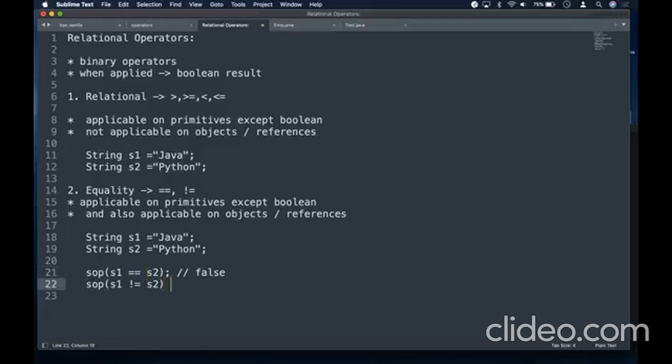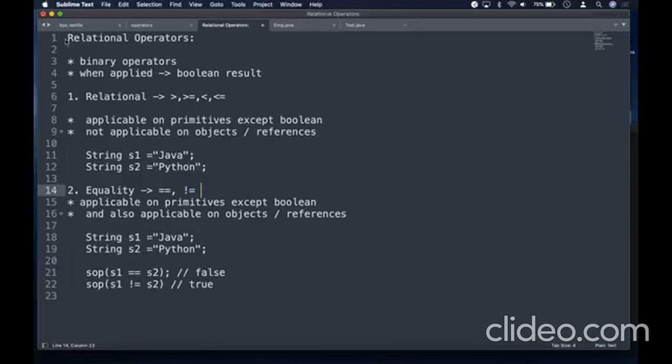This is going to be true, they are not equal. That's why in Java we divide the whole of relational operators into relational and equality, because equality works in a different way. Equality works on objects also, because you can compare objects, whereas with the relational ones you cannot. That's why we have divided them into two groups. So that's about the relational operators.